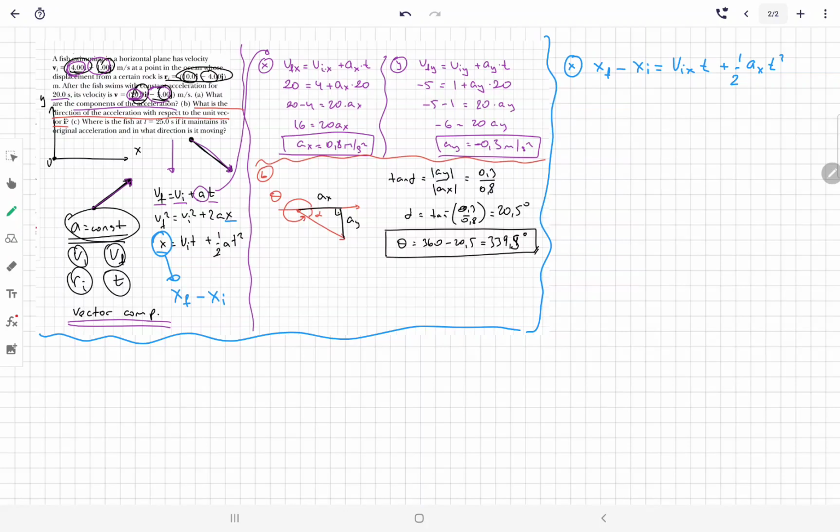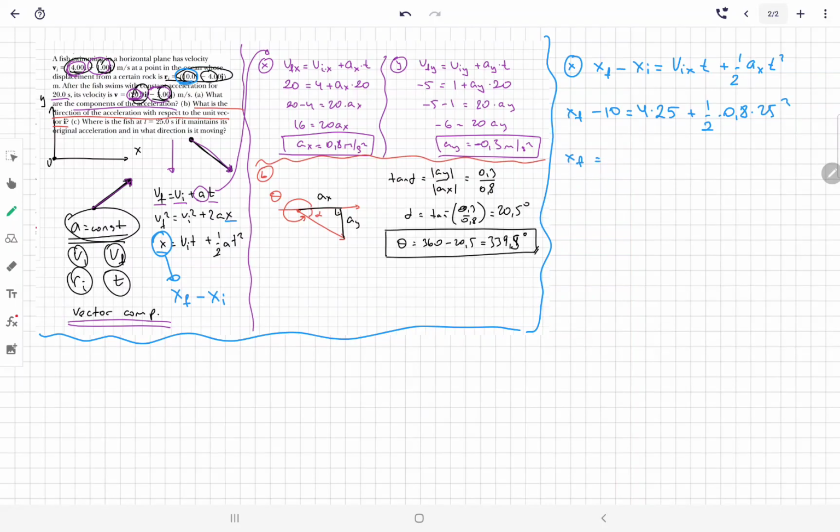Yes. So final position in x direction unknown. Initial position in x direction equal to positive 10. Initial velocity in x direction positive 4, times time 25, plus 1/2 acceleration in x direction 0.8 times 25 square.